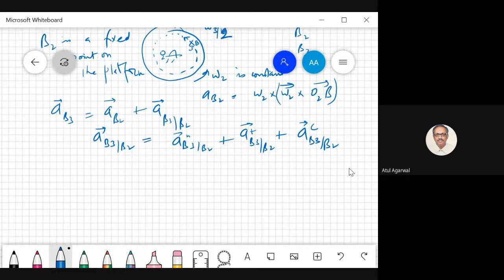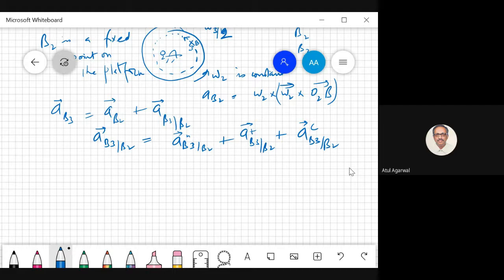Can you tell what is this normal acceleration in this case? Yes. Anybody? Sir, normal acceleration will be 0 because omega is constant.